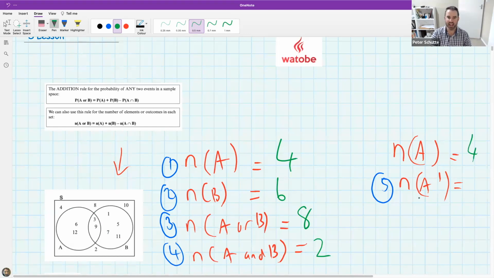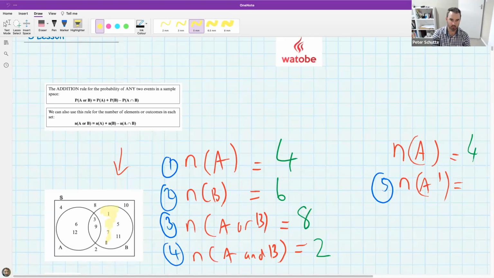What is the number in A dash, or the complement of A? How many items are there in A dash? So if I'm not in A, I must be everywhere else.